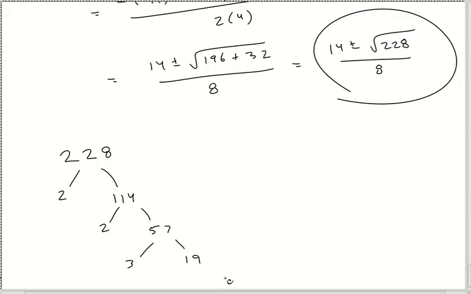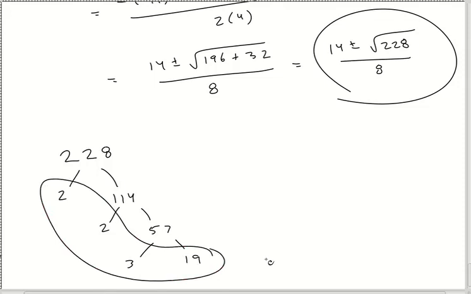And honestly, I think that's good enough. I don't foresee anything else here. Like 19 is prime. So these are my answers. And I'm going to rewrite now the inside here. 14 plus or minus the square root of 2 times 3 times 19, all divided by 8. Of course, what I want to do is pull out the pairs.